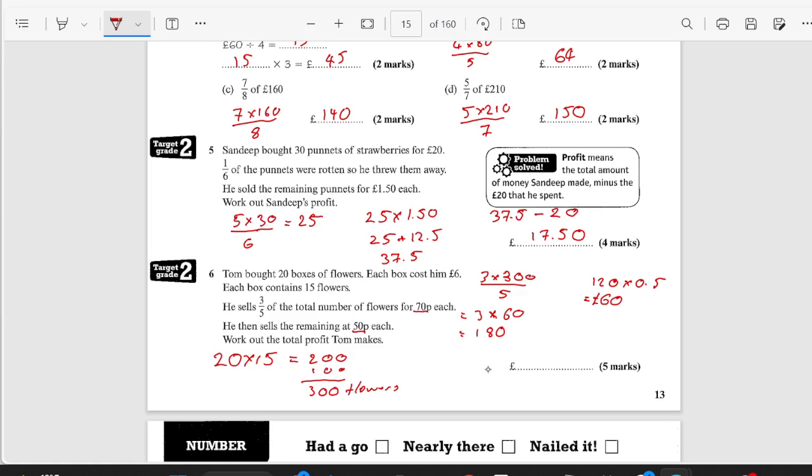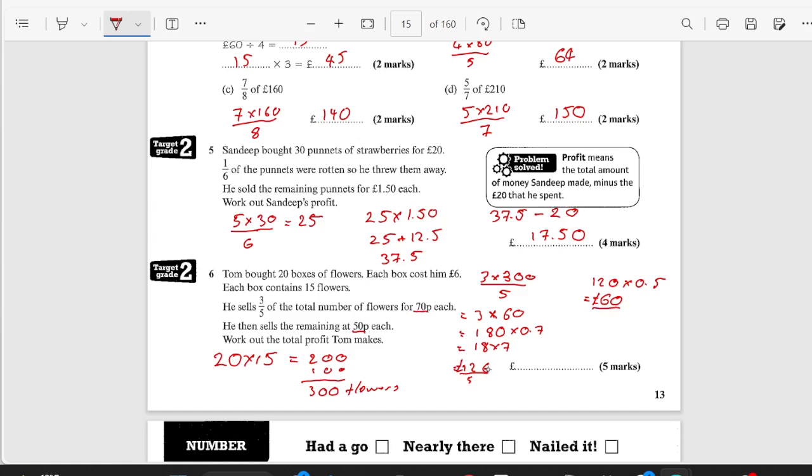And then I've got 180 that are sold at 70 pence each, so I'm going to times that by 0.7, which is going to be the same as 18 times 7. 8 times 7 is 56, and then 7 times 1 is 7, plus the 5 is £126. So total money made is going to be found by 126 plus 60.